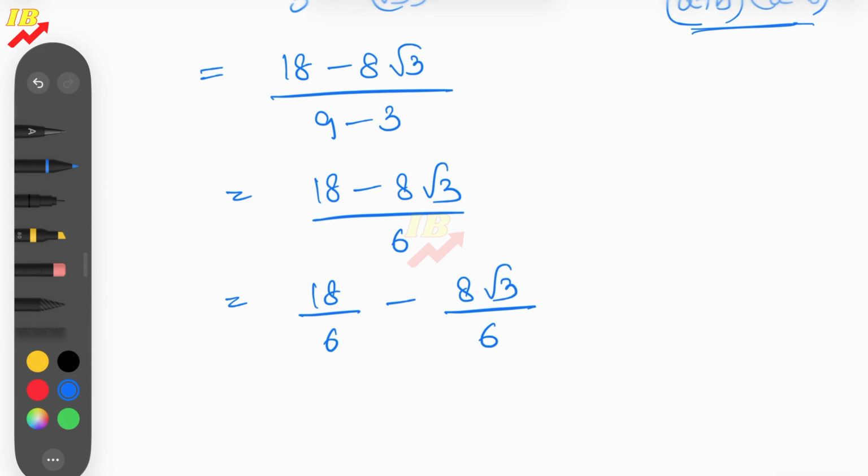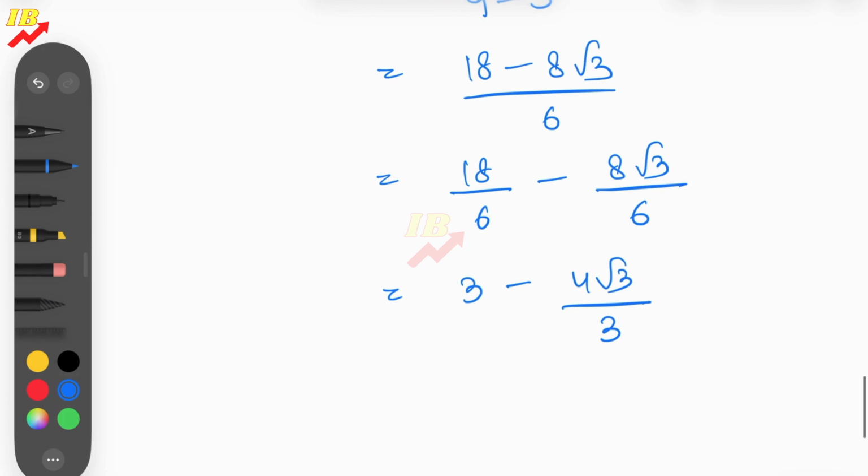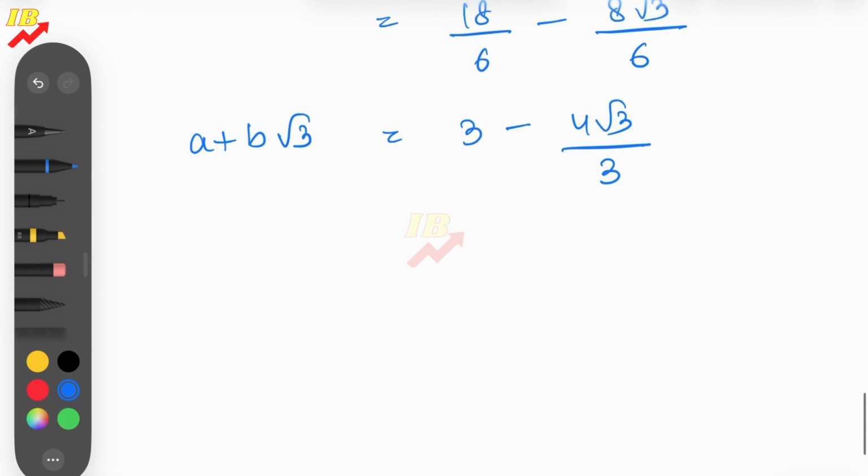You always separate the numbers. So this is 3 minus 4 root 3 over 3. That's the final solution. So this is already in a plus b root 3 form. Here your a is 3 and your b is negative 4 by 3.